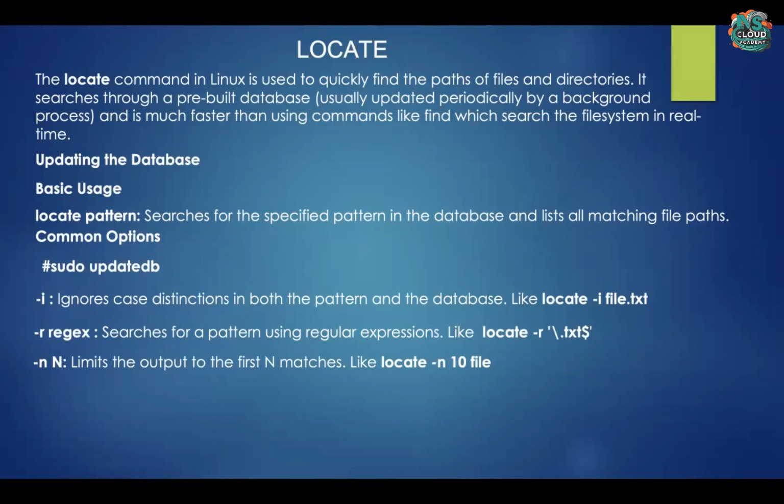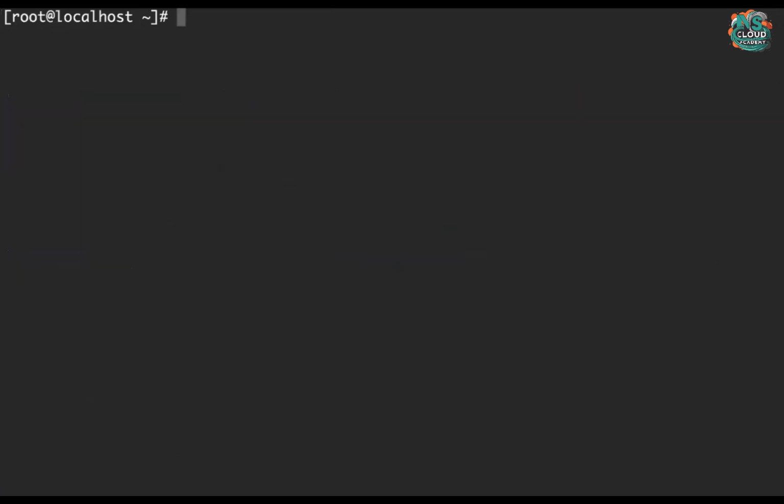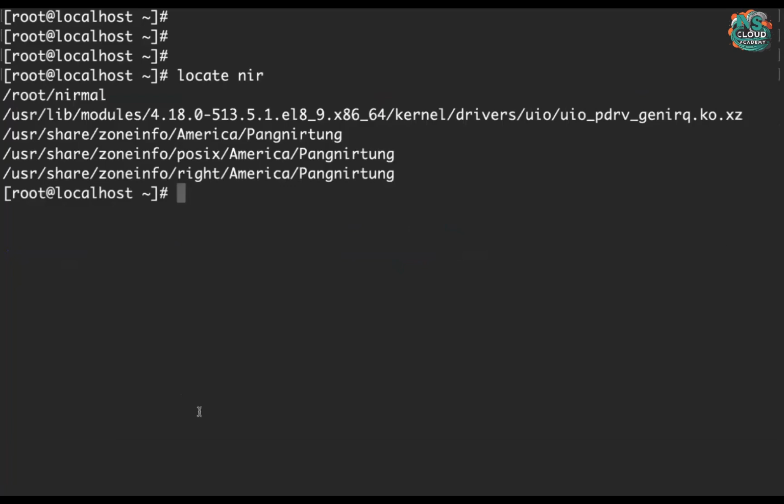Okay, and if you want to use a limit, it is -n where n is a number. Let me just show this: locate NIR. See how many outputs there are: 1, 2, 3, 4, 5. So it shows five outputs.